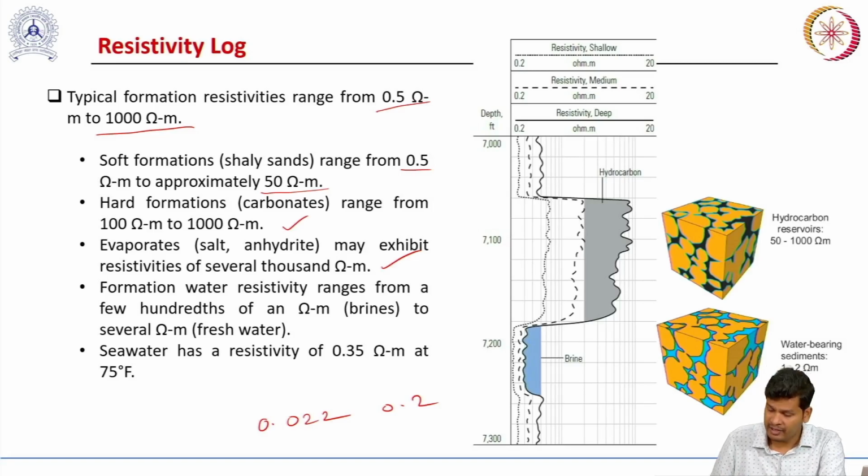For instance, seawater has a resistivity of 0.35 ohm meter. Since the formation water is generally considered to be saline, or most of the water bearing formations associated with oil bearing or gas bearing formations, you will see the saline formation water is present. So they will have resistivity in very low values in this range.